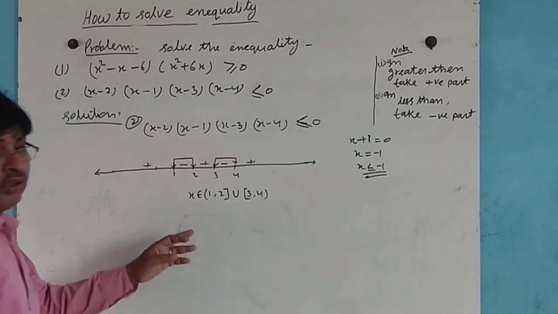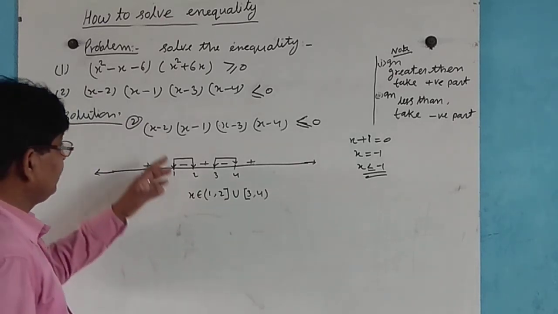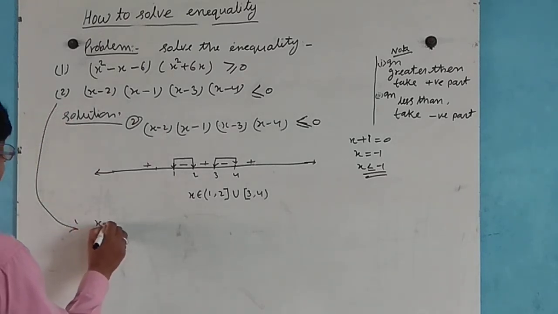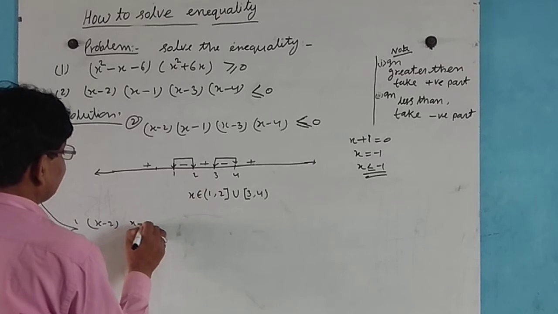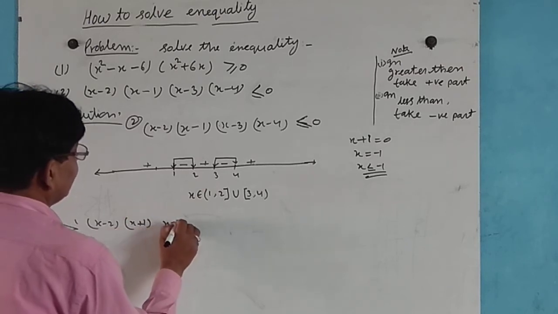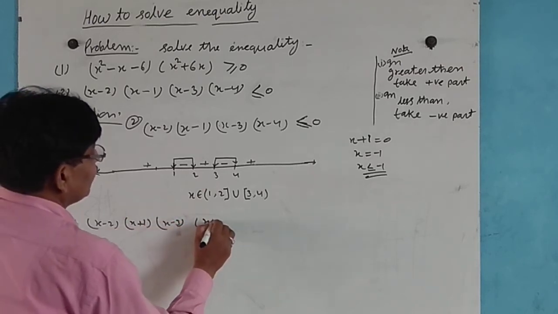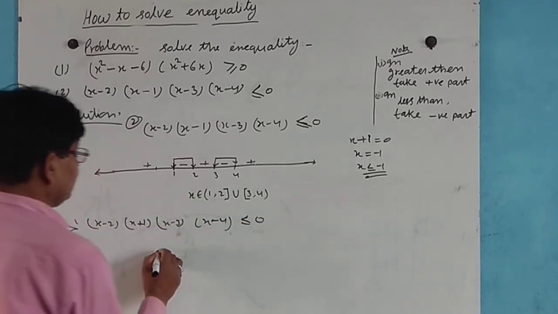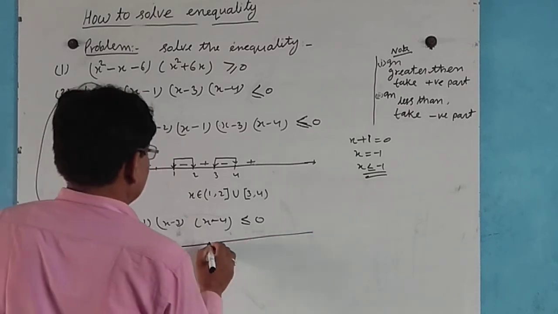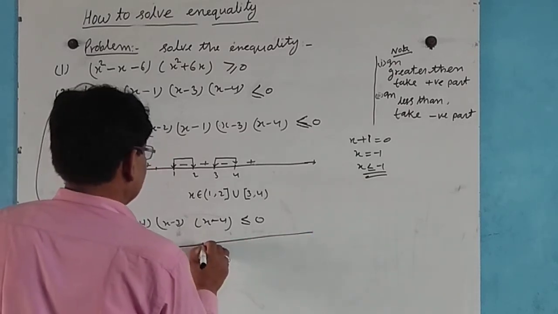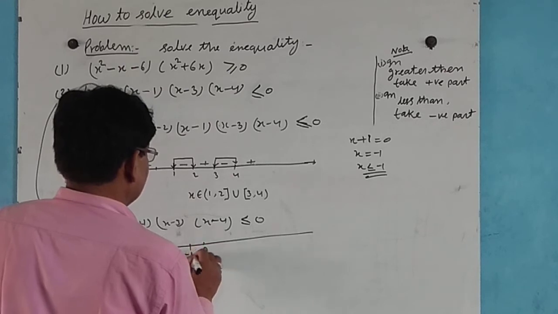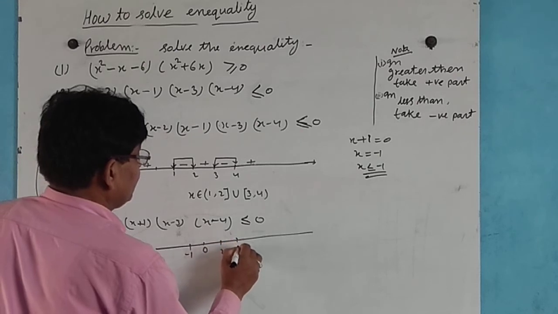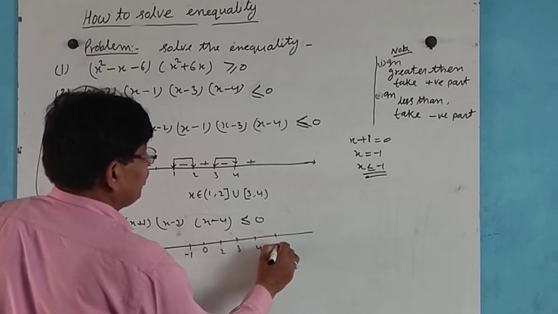This is our answer. But if this question becomes such type of this, x minus 2, x plus 1, x minus 3, x minus 4, less than or equal to 0, in this case we take this point, this is 0, minus 1, 2, 3, 4, 5.